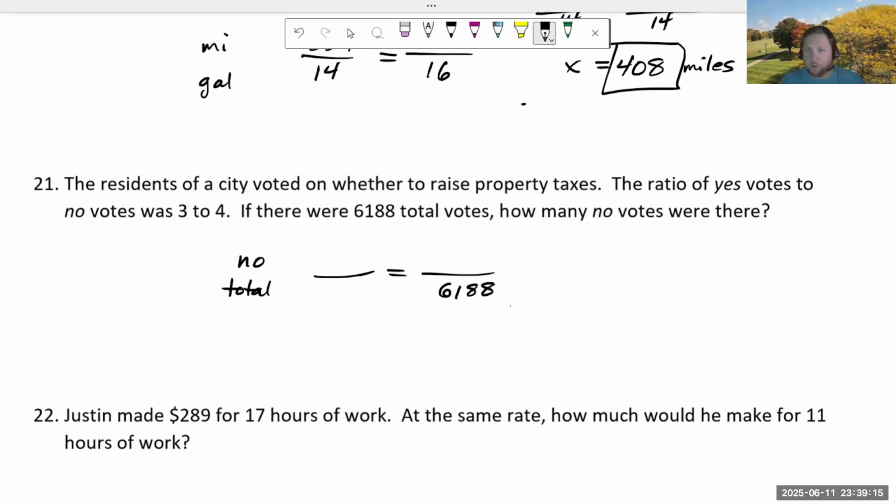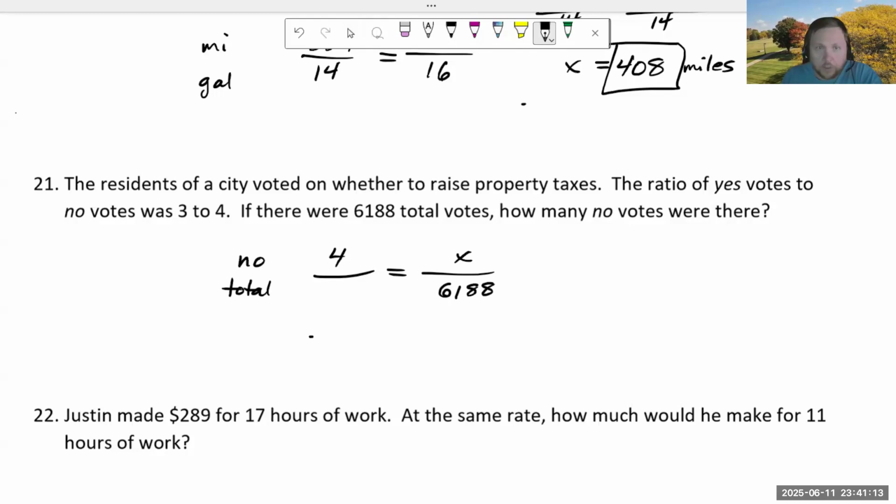And then we're looking for all of the no votes, so that's my unknown. Now, here's the tricky part. It says yes to no was 3 to 4. So in this case, I have 4. So that initial ratio was 3 to 4, where the 4 was the no and the 3 was the yes.